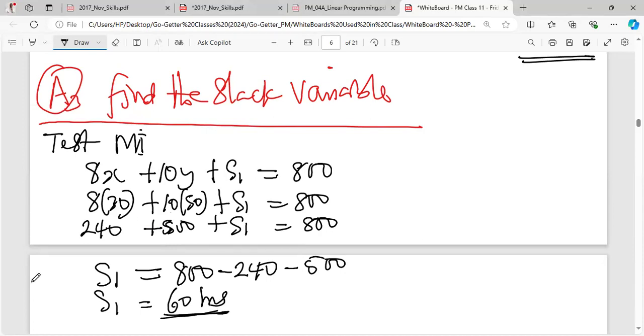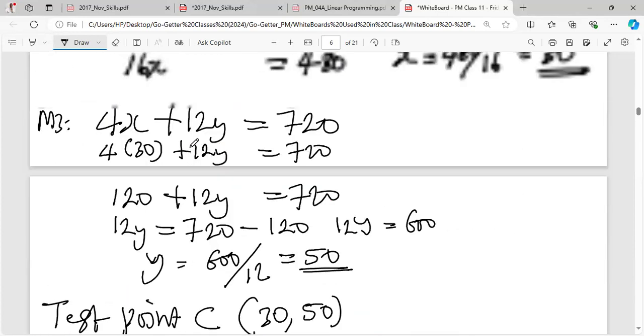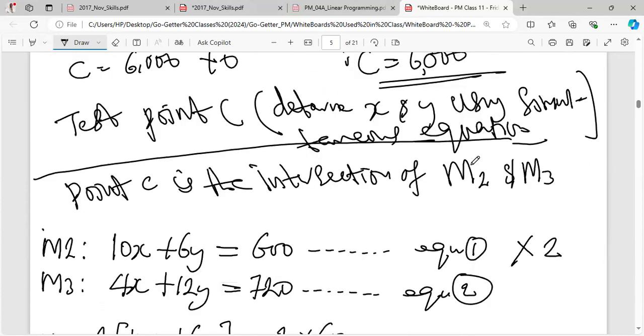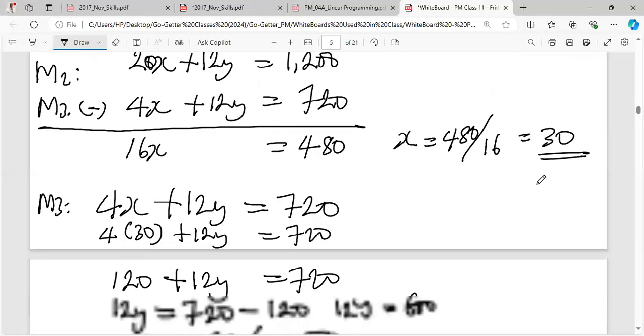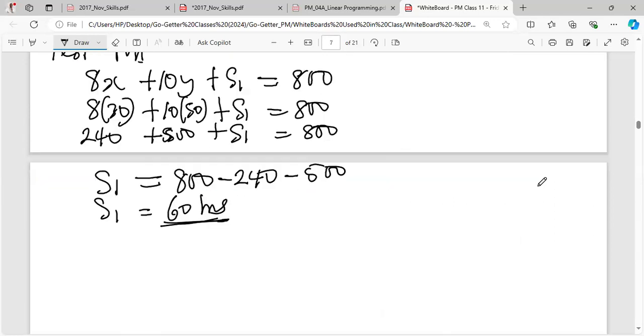Now, you may even stop here, because the optimal production is at the intersection of M2 and M3. So it means that M2 and M3, giving us the optimal, will never have a slack value. Their slack would always be 0. But M1, which did not join the equation, will always have a slack value. We can test it and see.